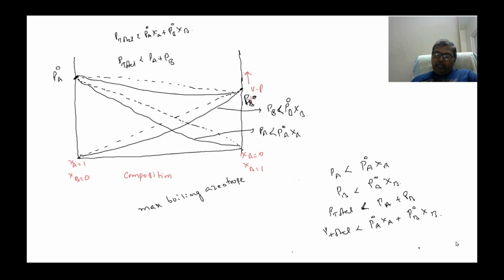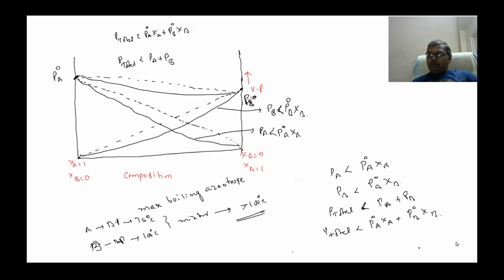So for example, A liquid boiling point 75 degrees Celsius, B liquid boiling point 100 degrees Celsius. Now the mixture boiling point is greater than 100 degrees Celsius.